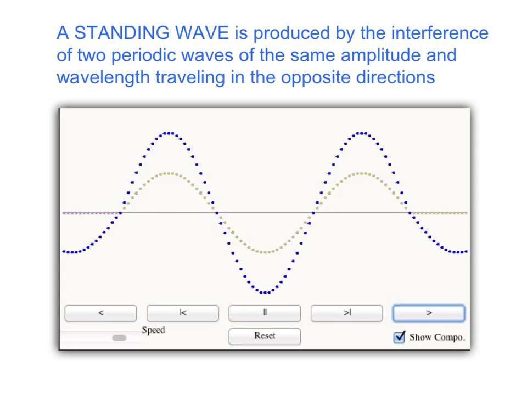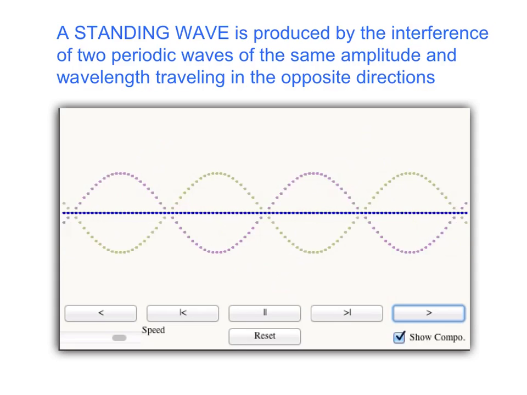Now if I advance this just a little bit more, I can see that I also have times like this, where the crest from one wave is lined up with the trough of the other wave in exactly the same place, and you can see that it cancels out. And here again I have the crest of one wave and the trough of the other wave, completely lined up, so they cancel out.